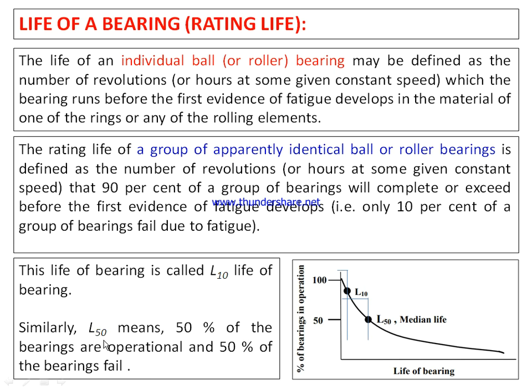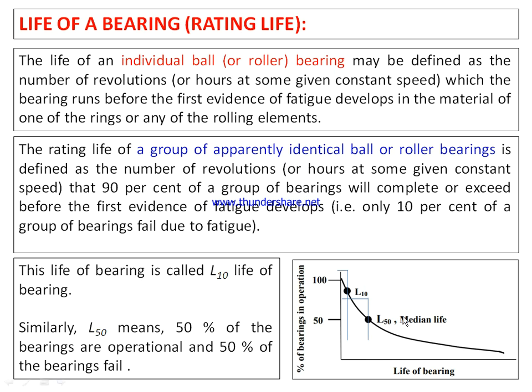Similarly, L50 life of bearing means 50% of the bearings are operational and 50% of the bearings fail. It is also called the average life or the median life. And this is best represented in this graph where the x-axis is life of bearings and the y-axis is the percentage of bearings in operation. So L10 here means 90% of the bearings will succeed in completing this life and 10% of the bearings may fail to reach this life.